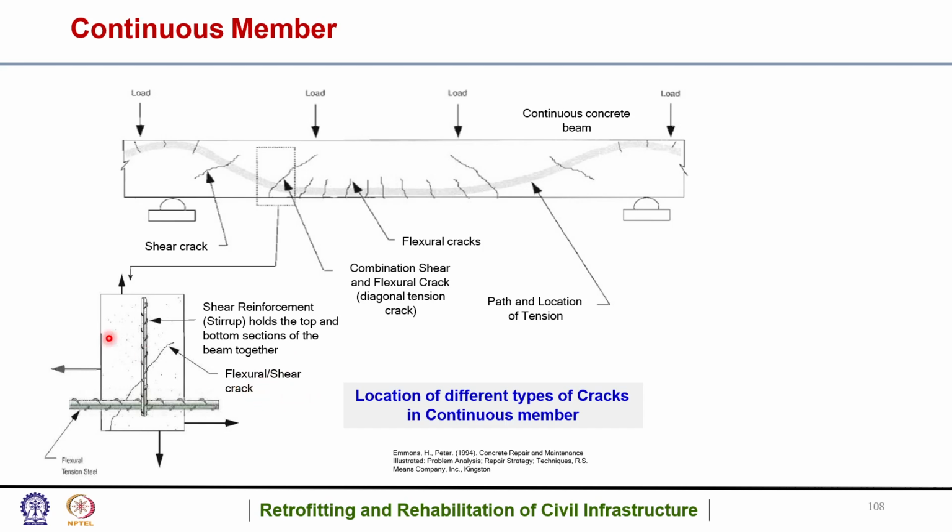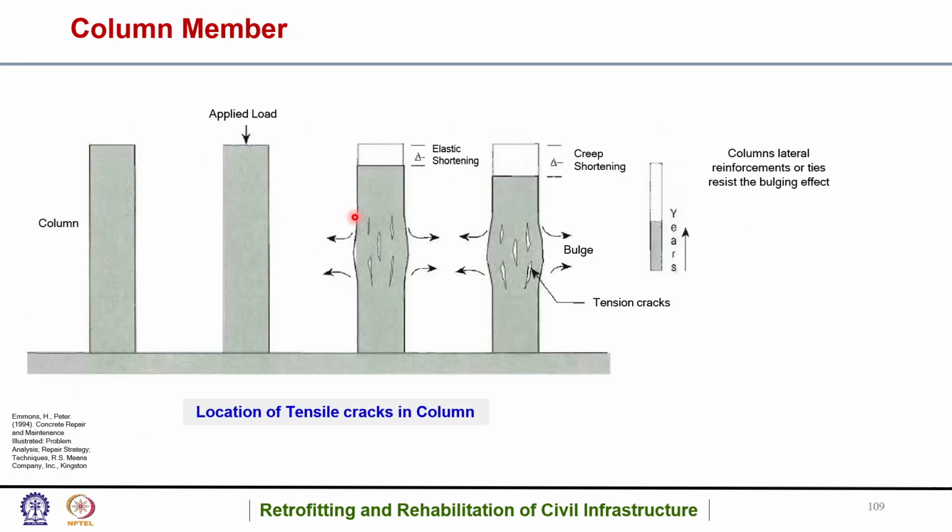The flexural shear cracks occur as shown here, and this is the path and location of tension. As I told you, in the sagging area the tension is below, and in the hogging moment area the tension is above. As I told you in this picture, we have to put the tensile reinforcements accordingly.